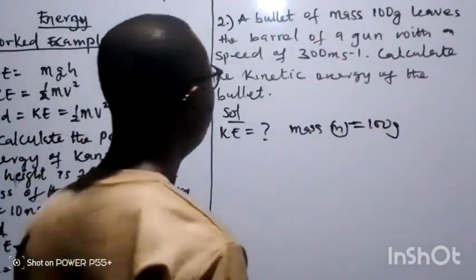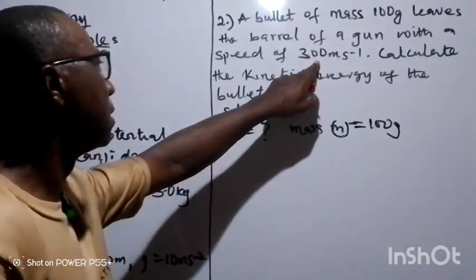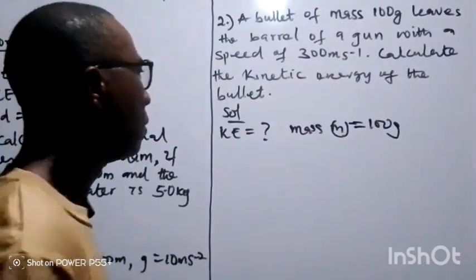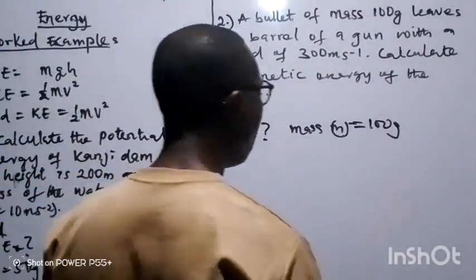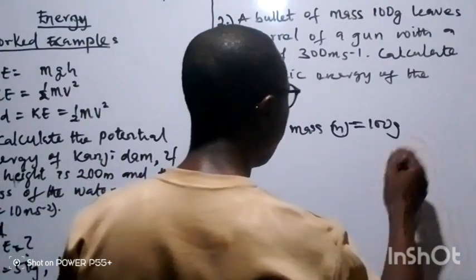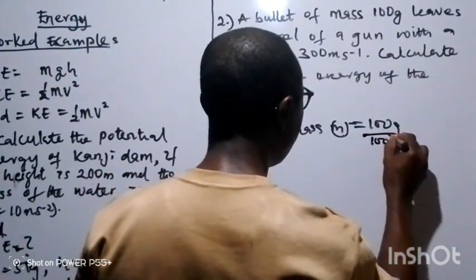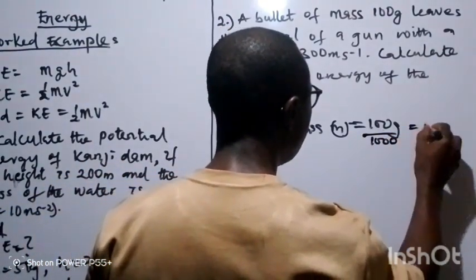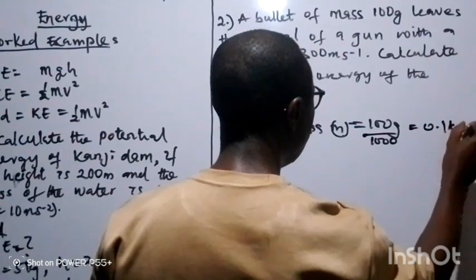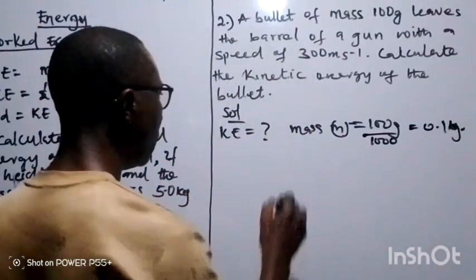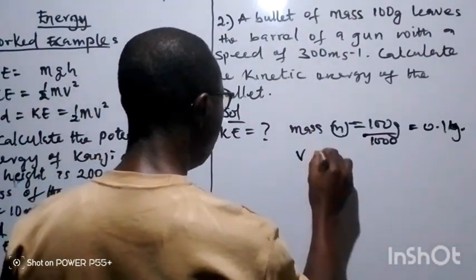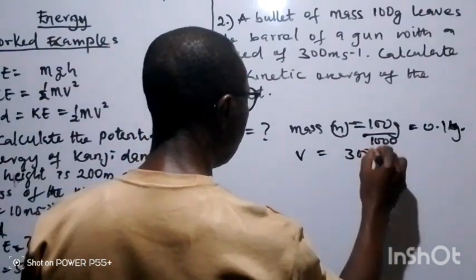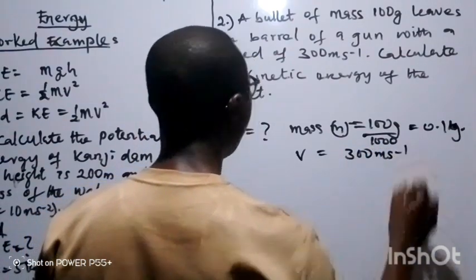But mark you, the speed is given as 300 meters per second, so we need to convert the mass to kg. Dividing by 1000, that's 0.1 kg. Velocity, v, is given as 300 meters per second.